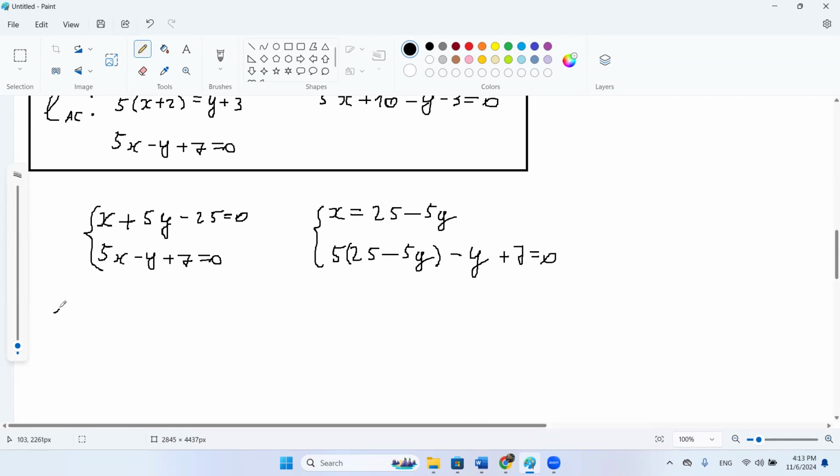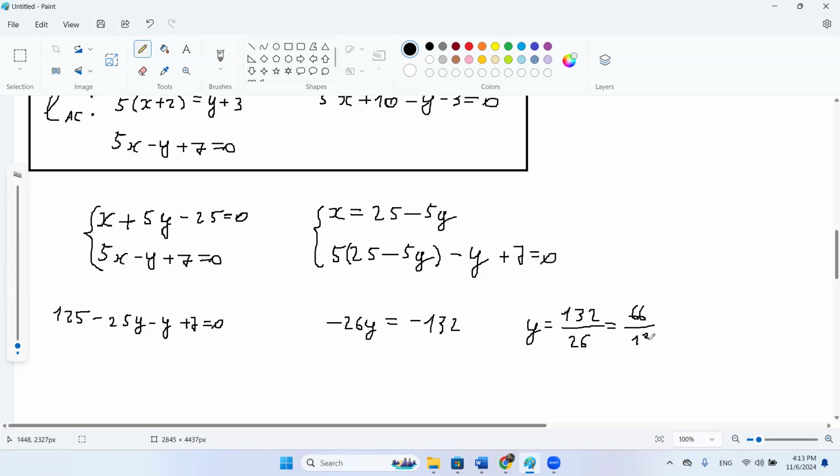So let's find y. Minus 26y equals minus 132. So y equals 132 divided by 26, and if we reduce, 66 by 13, so it's almost 5.